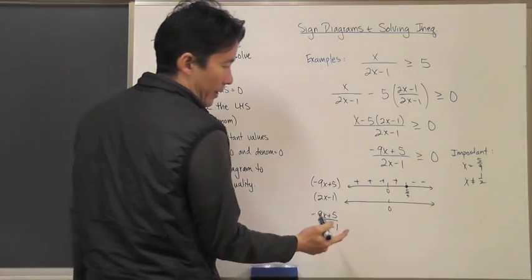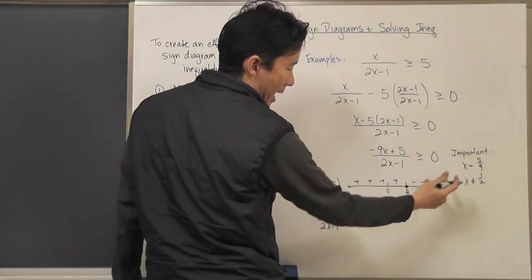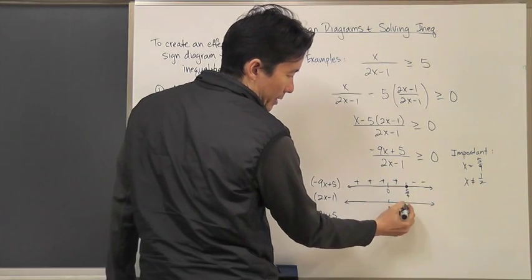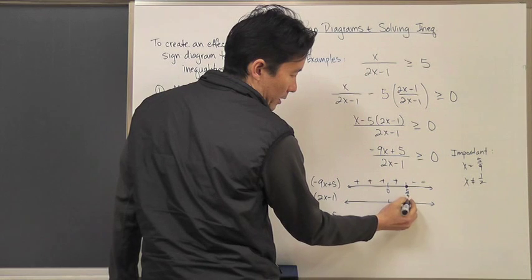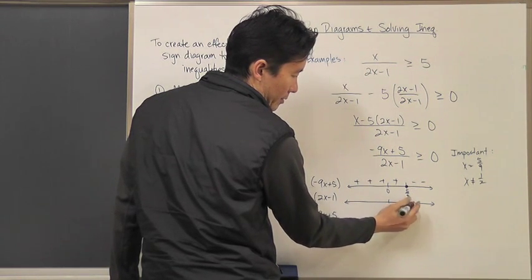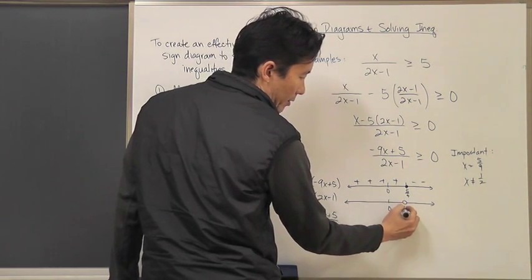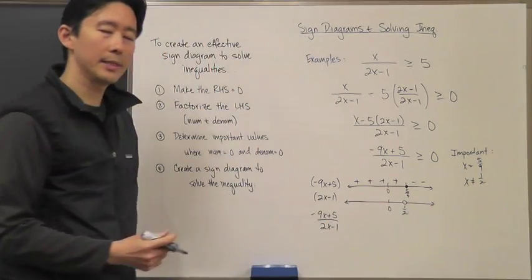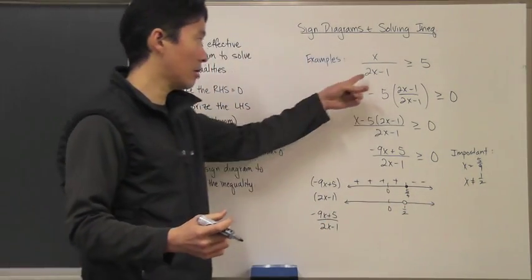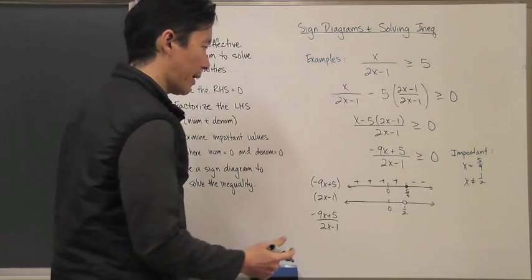Now the thing that we have to worry about here is the 1/2. Now the 1/2 is right about here. Let's just say that that's 1/2. It's right about there. And notice that I'm going to put an open circle, which means that this inequality cannot assume that value.